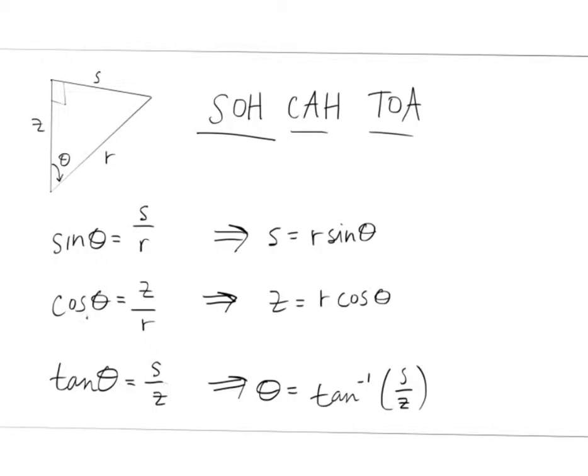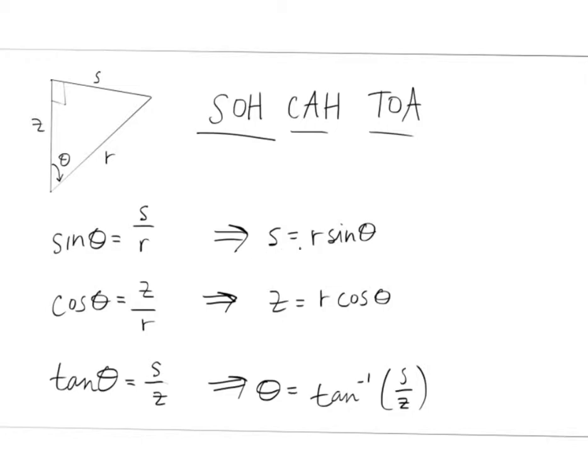We'll see that cosine theta is equal to the adjacent over the hypotenuse, which is z over r, and tangent theta is equal to the opposite over adjacent, which is s over z.